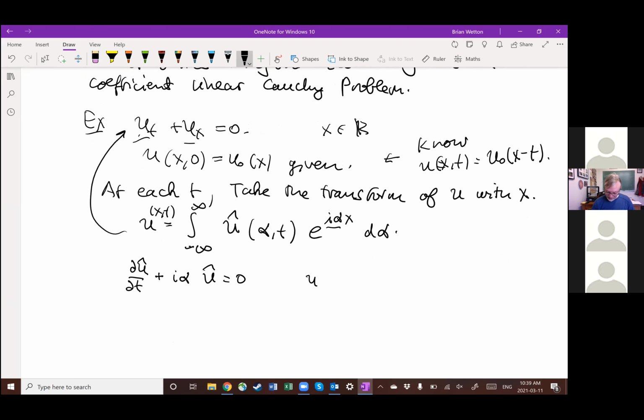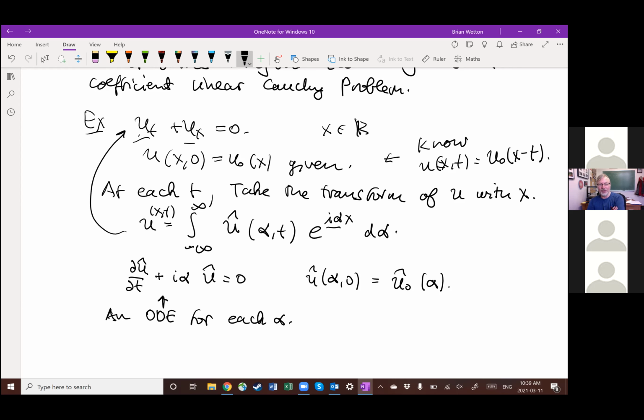And I know that u hat of alpha at time 0 is just the transform of the initial condition. These have to match up. And now you'll notice there's no PDE left. This is an ODE for each alpha.